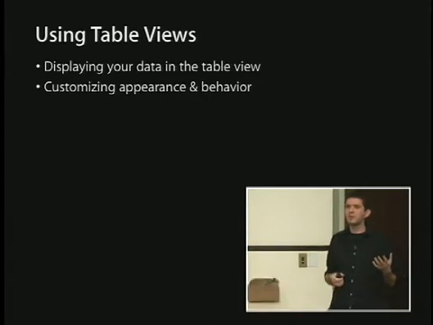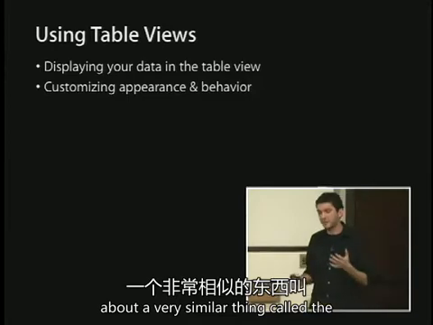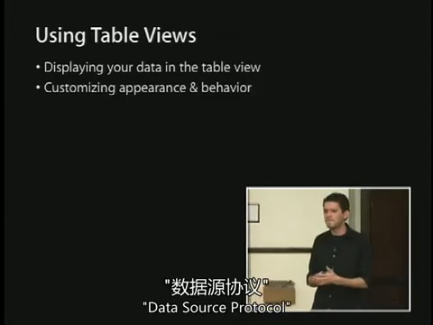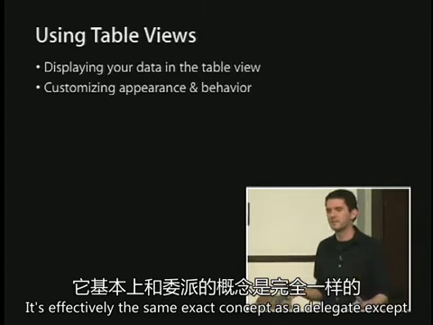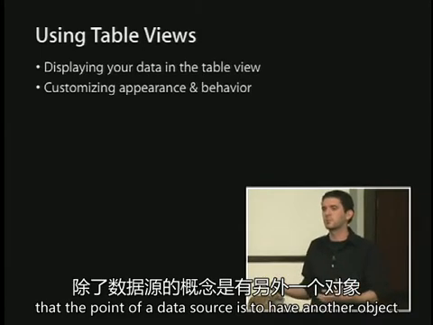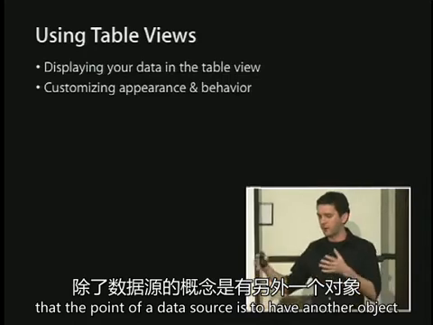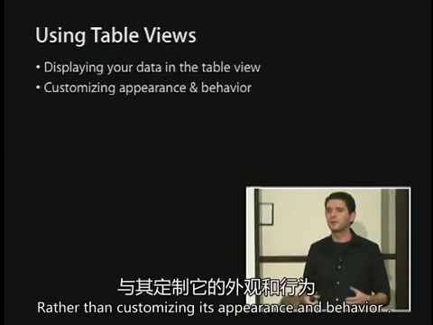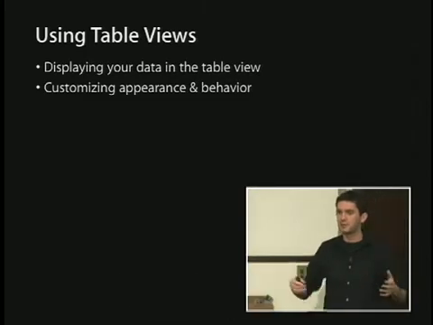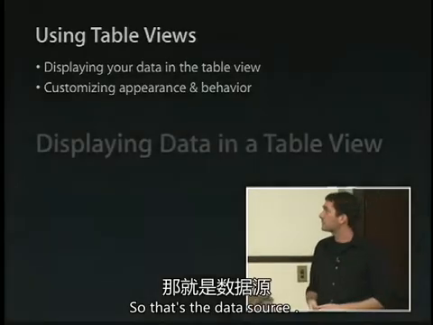Additionally, we're going to be talking about a very similar thing called a data source protocol. It's effectively the same concept as a delegate, except that the point of a data source is to have another object that provides data to a particular class, in this case the table view. Rather than customizing its appearance and behavior, it actually provides data. So that's the data source.